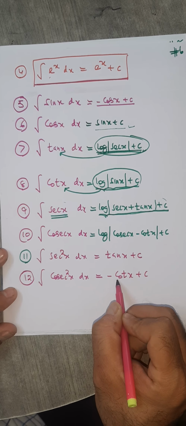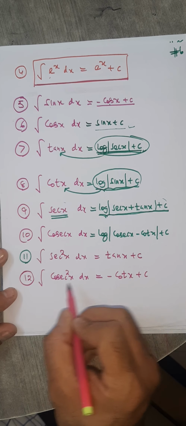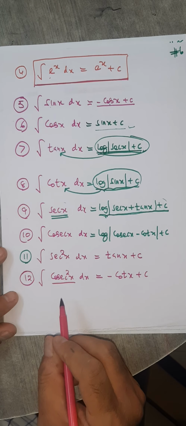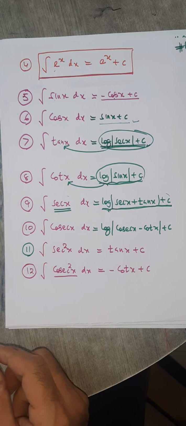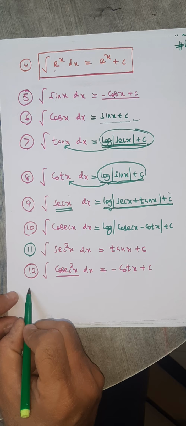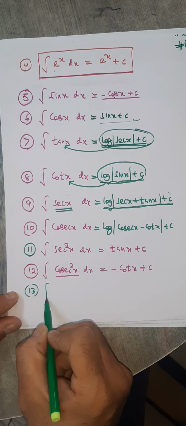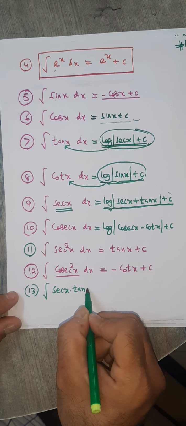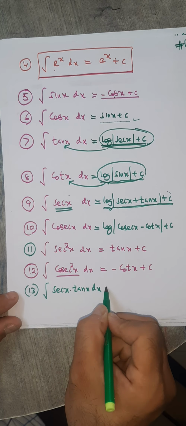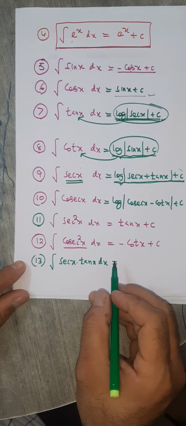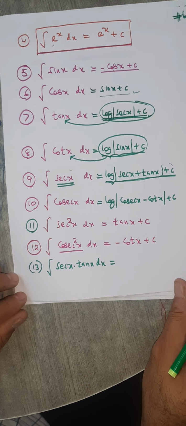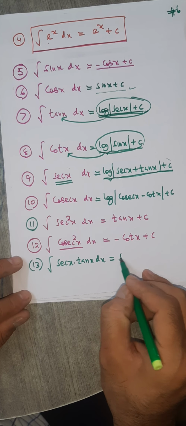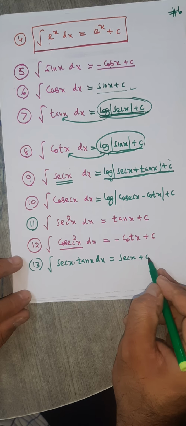Because if I differentiate cot, you will get minus, and this minus gives us cosec squared. So integral of cosec squared is minus cot. Next, 13, integral of sec x into tan x. What is the integral of this? That is sec x, because differentiation of sec x is sec x into tan x.